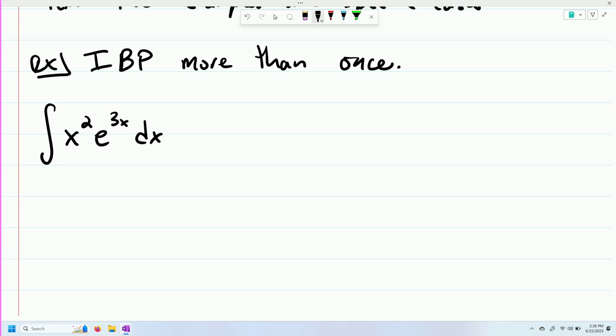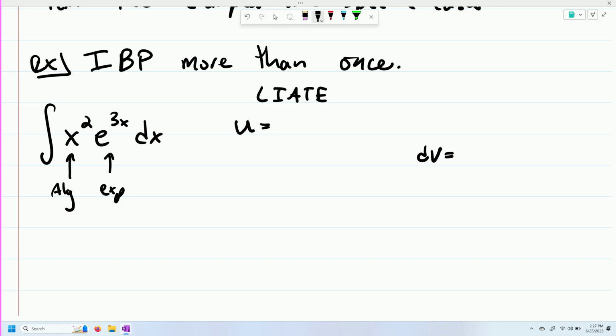Once again, we approach this like we would any other problem. We're going to use LIATE to help us determine what is going to be u and then dv. So algebra, exponentials.